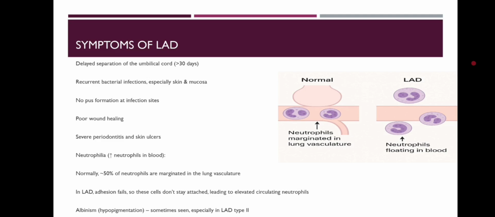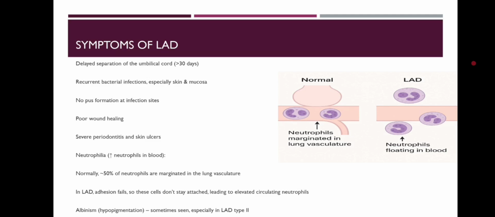A key laboratory finding is neutrophilia, meaning an elevated count of neutrophils in the blood. As shown in a diagram, normally about 50% of neutrophils are margined or temporarily stuck in the lung vasculature. In LAD, because adhesion fails, these neutrophils dislodge and circulate freely, leading to a persistently high neutrophil count in blood tests, despite a lack of neutrophils at infection sites.